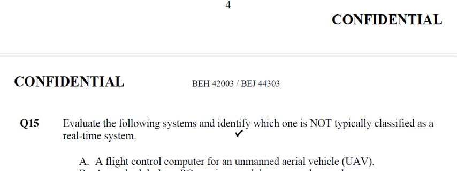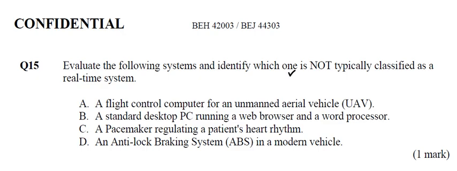Next question, question 50. Identify which is not typically classified as a real-time system. As we learned before, a real-time system needs to fulfill timing constraints. A standard laptop or desktop PC running a browser, we can give a very huge constraint, and actually we are not setting any constraint.